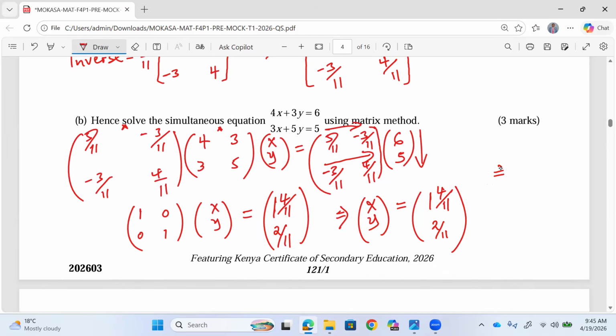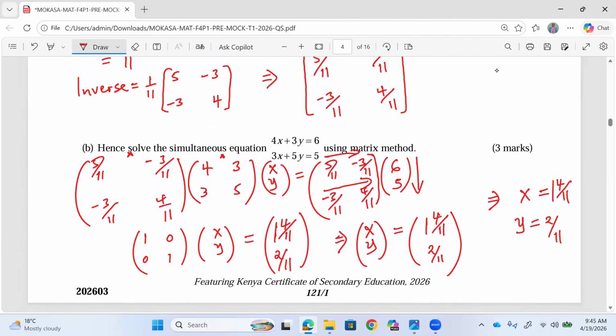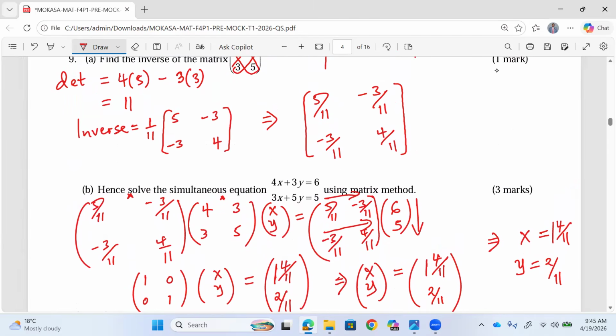So we can now conclude that the value of x is 1 and 4 over 11, and the value of y equals 2 over 11. So now we have the two values, one for x, the other for y. So that's how we simply solve linear simultaneous equations using the matrix method.